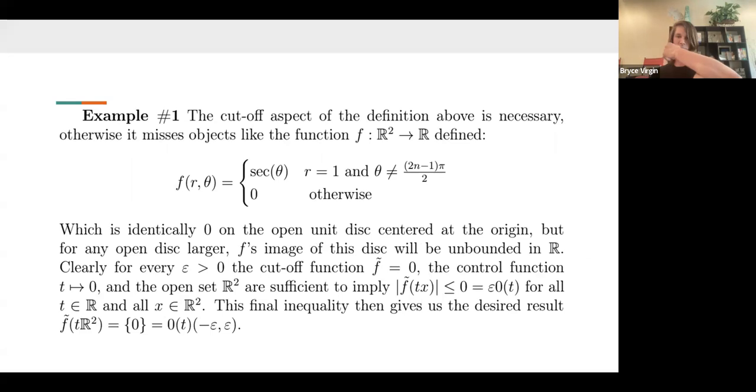All right. So first example to see why that cutoff aspect of this is here, and then maybe to give an indication of why Lang's definition doesn't have that problem. Let's take a look at this function, which is defined on the plane in polar coordinates. And it's 0 almost everywhere, but on the unit circle, it is defined to be secant of theta, where theta wouldn't cause it to blow up.